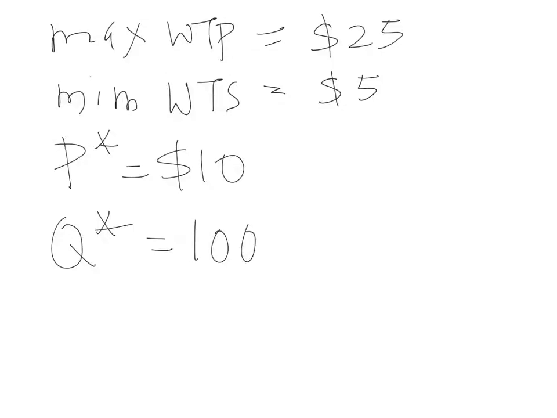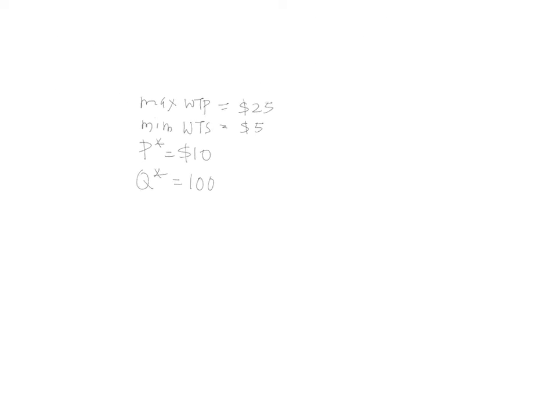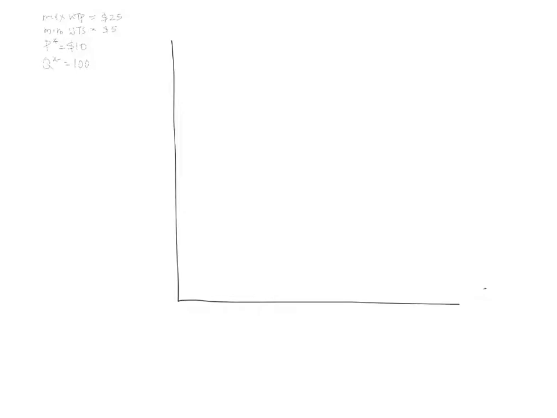So now in the first instance, let's see whether we can draw up this graph to depict the situation. Right, so I move this information away and let's see if we can draw the graph. Okay, so we have quantity over here, we have price over here, and then we draw our demand curve.